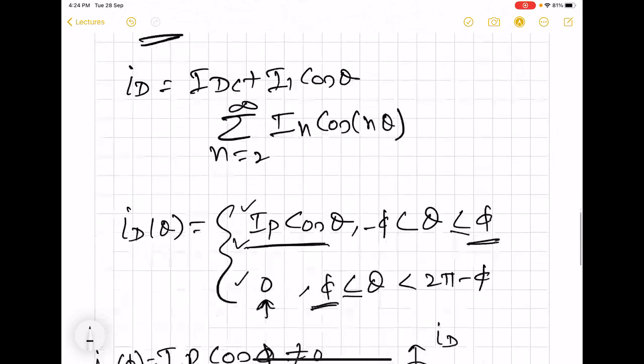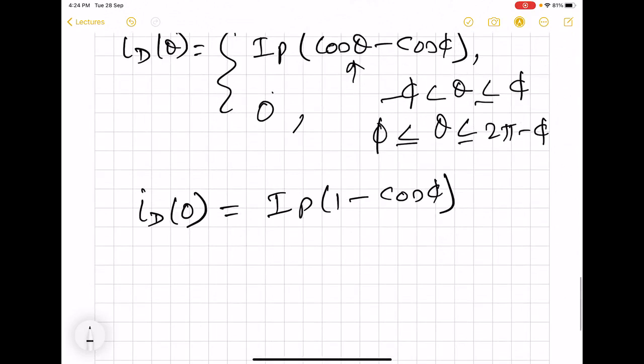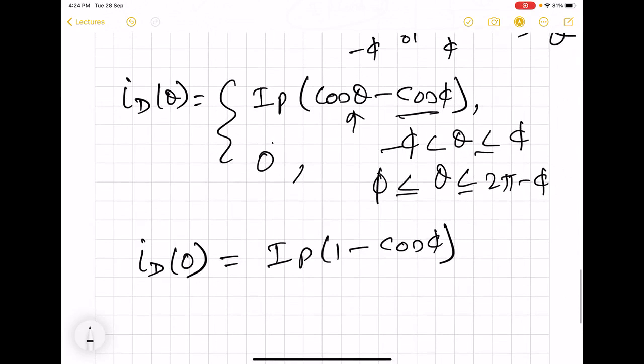But now what we find is the value is not IP because it is 1 minus cos phi, because we added this factor. So it has become less than IP. So this modification in the previous step has altered the peak value of the cosine function, or the drain current, at theta equal to 0. So now we have to modify this expression so that the peak value becomes IP.